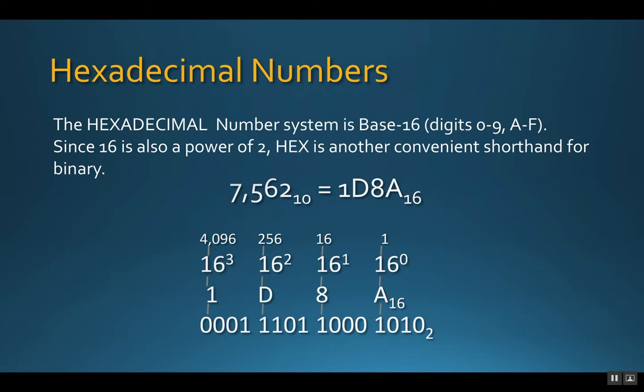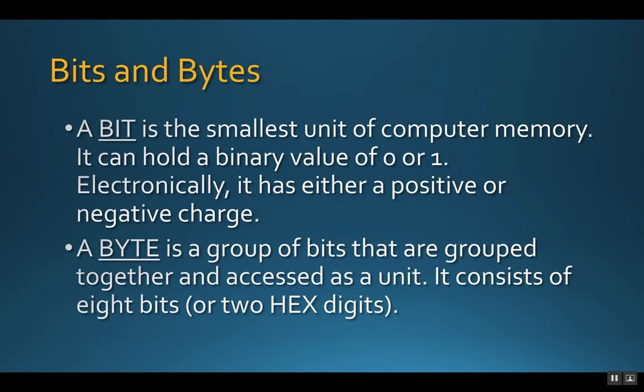Since we only have 10 digits in the decimal system, we use the letters capital A through capital F to represent the hexadecimal digits represented by decimal 10 through 15. Just some background there because you will see them at times.